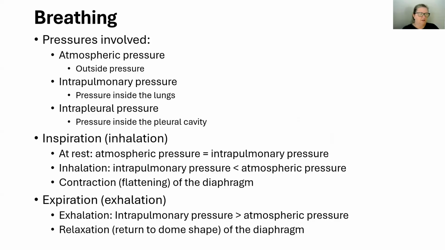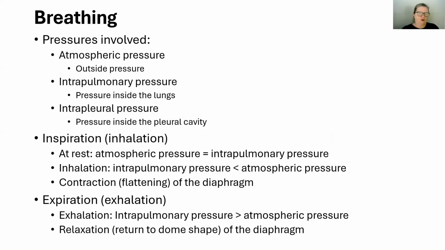When we breathe in, when we inspire or inhale, just before that happens, when the lungs are at rest, the atmospheric pressure, the outside pressure, and the intrapulmonary pressure are equal. So there's nothing happening, okay? When we inhale, the atmospheric pressure is then greater than the intrapulmonary pressure, and it forces the air into our lungs, basically.